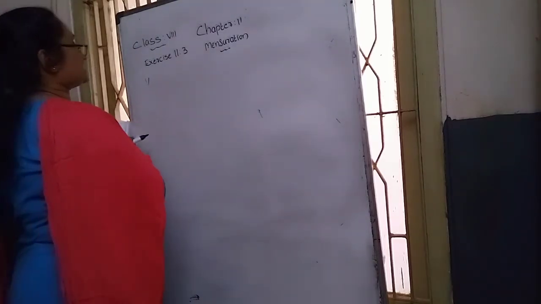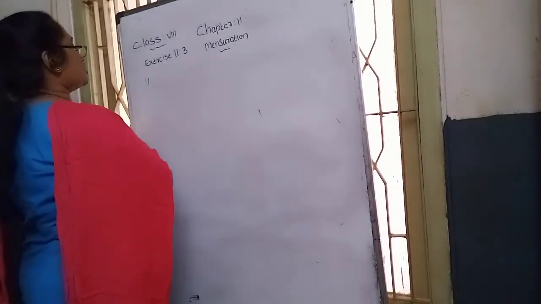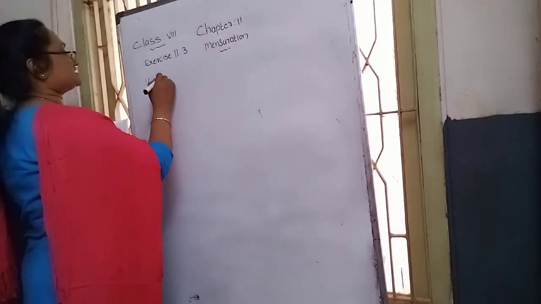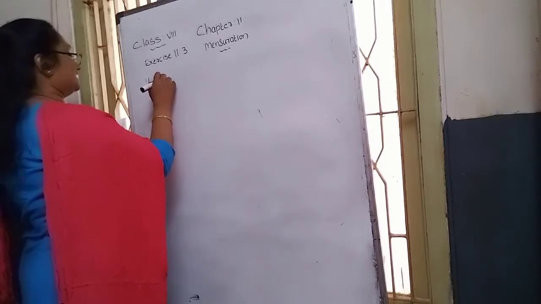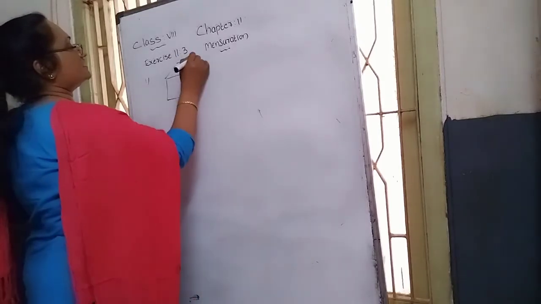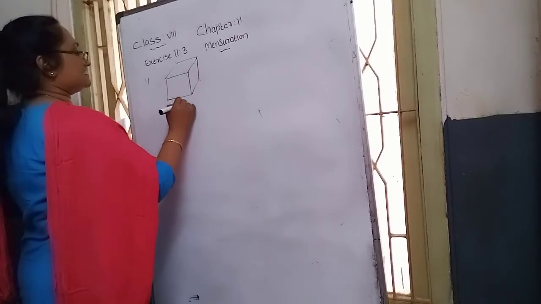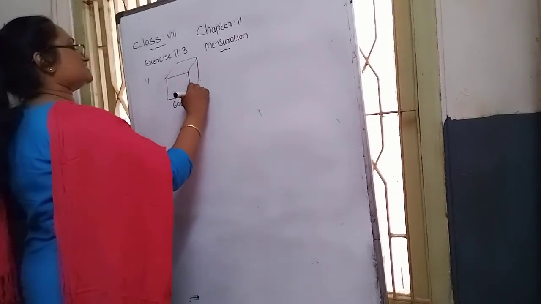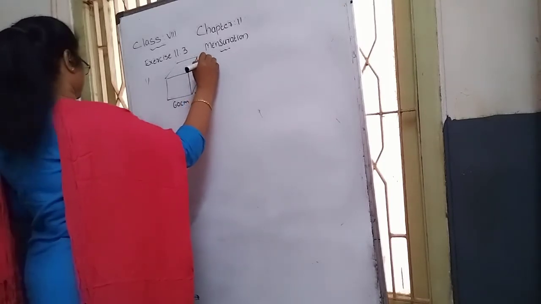In the first question, they say that two boxes are given. A cuboidal box is given, with length 60 centimeter, breadth 40 centimeter, and height 50 centimeter.